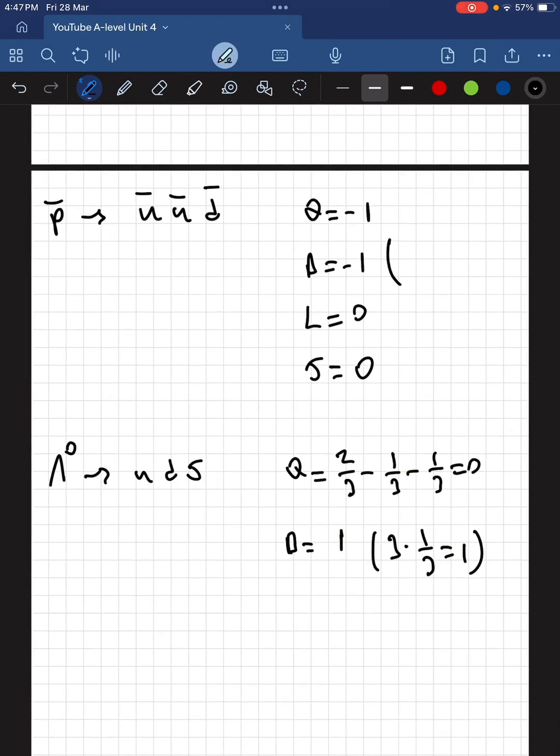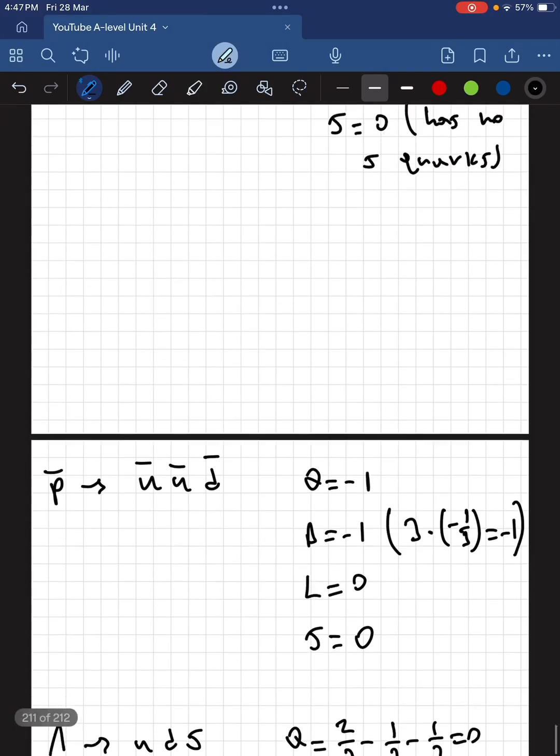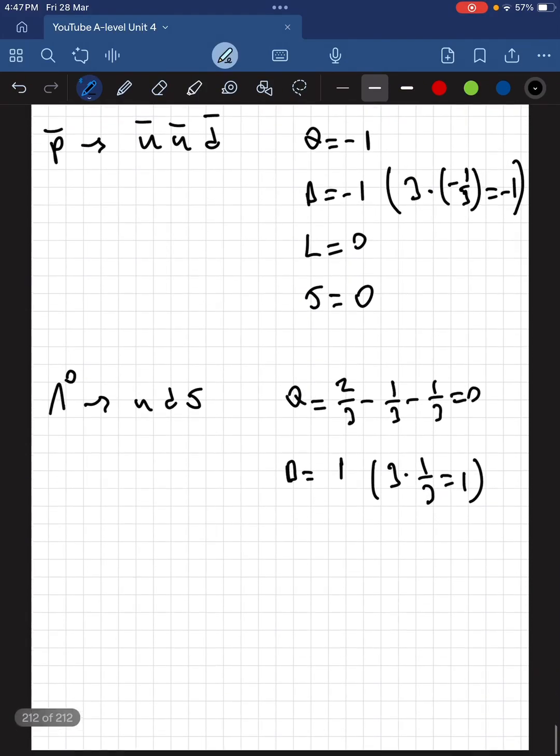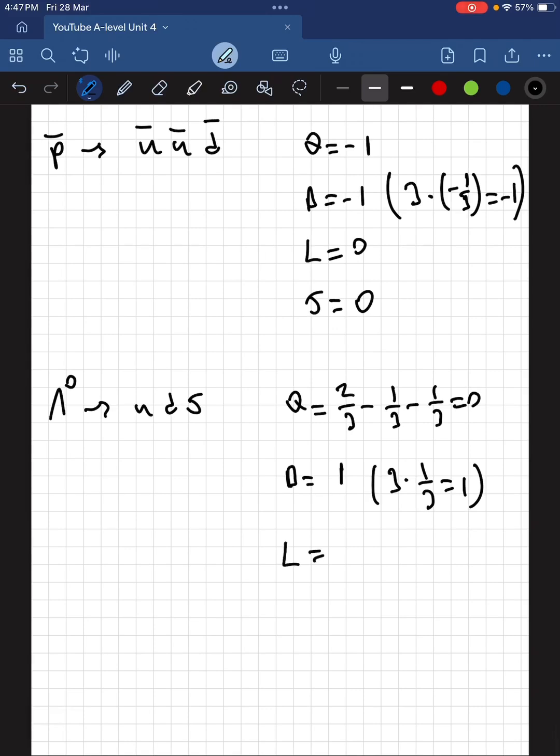Every antiquark carries a baryon number of -1/3. So this is 3 times -1/3 equals -1, and the same for the antiproton. Now the lepton number is 0 for lambda 0 because no leptons are there, but the strangeness is -1, okay? Because it has 1 s quark.